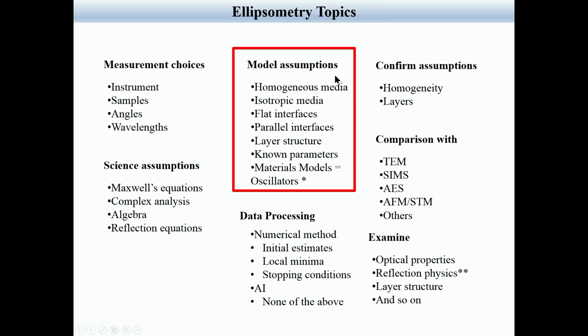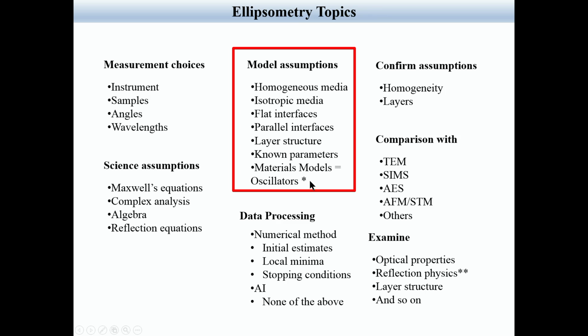Now, there's a lot of different topics surrounding the broad topic of ellipsometry. One of the things is modeling of the reflection process, and that's what allows us to get useful data from the reflecting surface, is that we have a mathematical model of that reflection process, and we make certain assumptions.